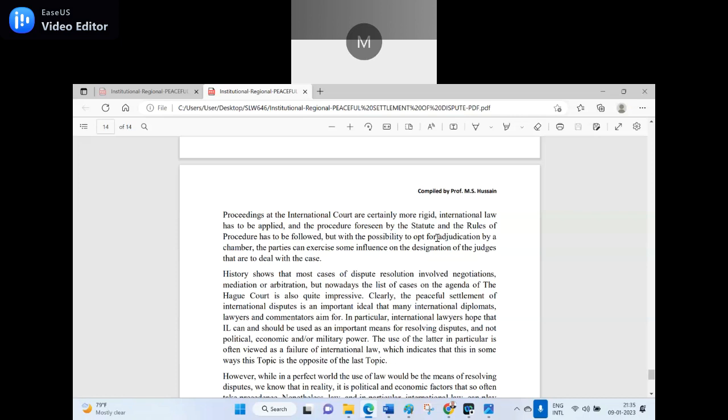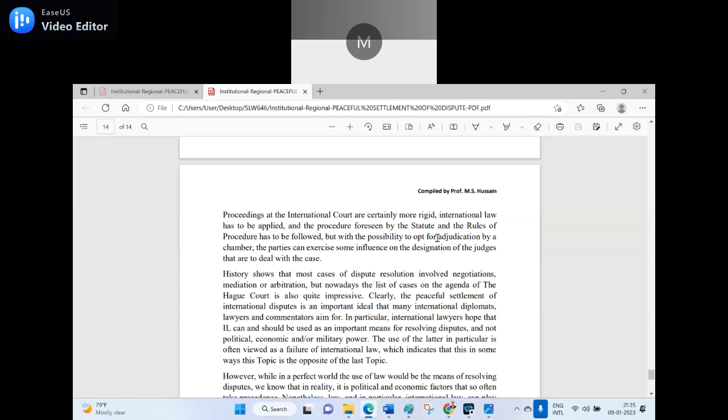In particular, international lawyers hope that international law can be and should be used as an important means of resolving disputes, and not political, economic, or military powers.